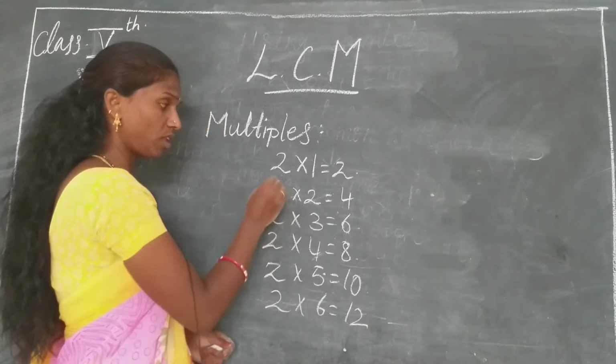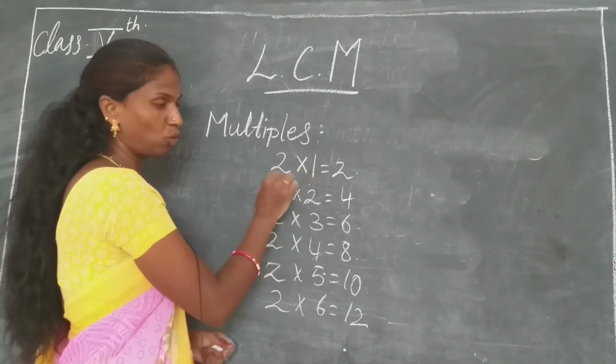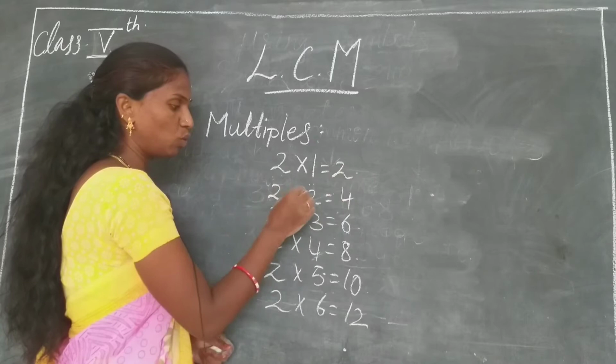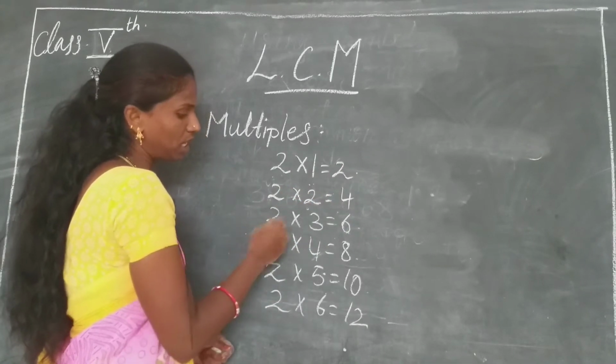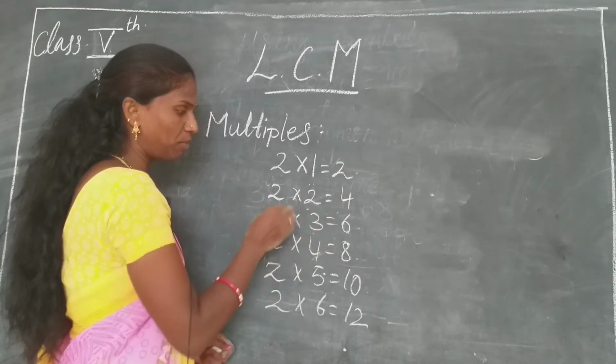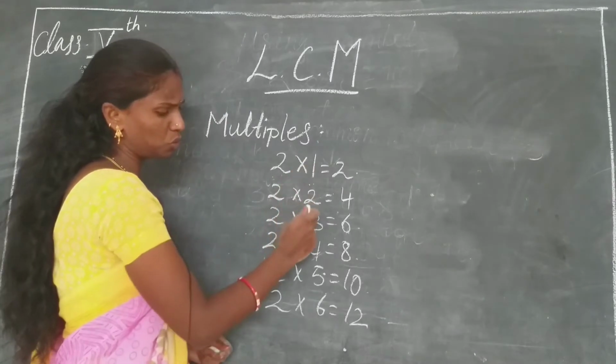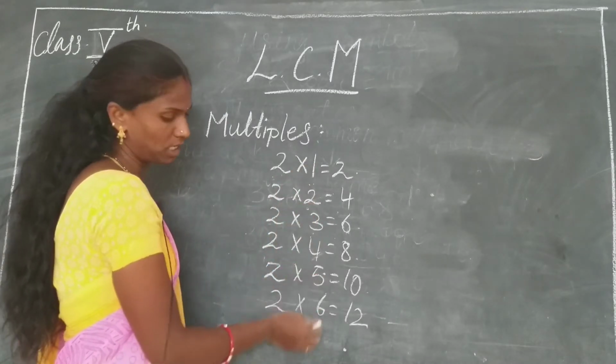So when I multiply 2 with 1, 2. When I multiply 2 with 2, 4. When I multiply 2 with 3, 6. I am multiplying 2 consecutively with 1, 2, 3, 4, 5, 6 and so on.